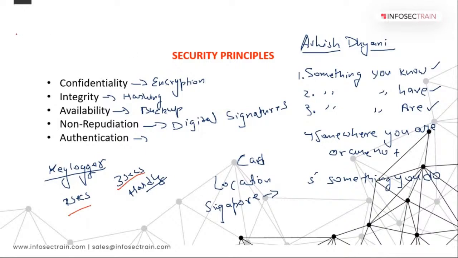So we use different types of authentication techniques. We have two-factor authentication. Two-factor authentication means out of these 5 factors, we are using any 2 factors. If I talk about two-factor authentication, we have ATMs, where we do cash withdrawal.